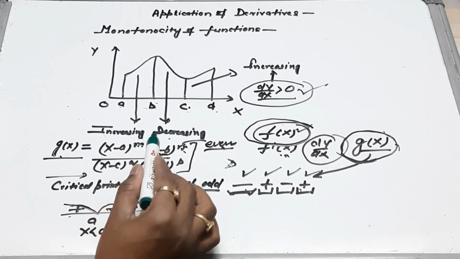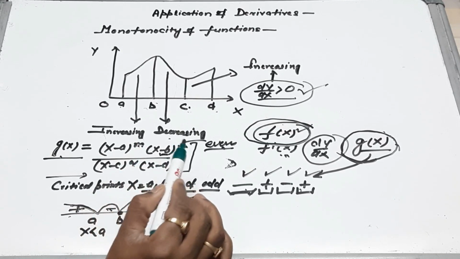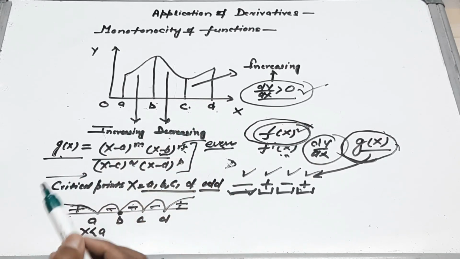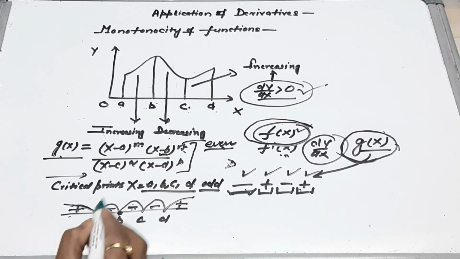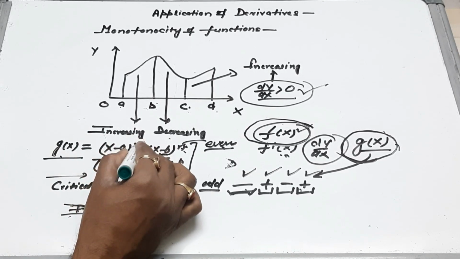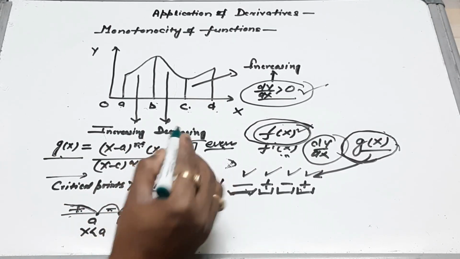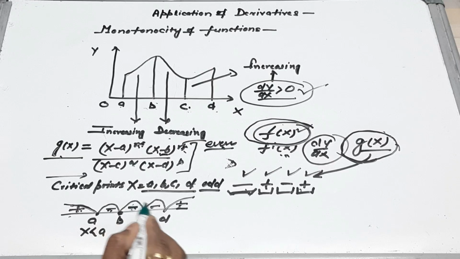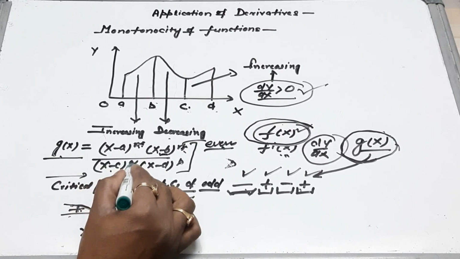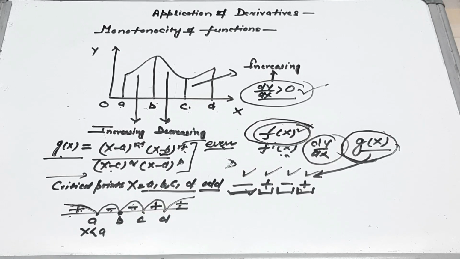Means in this case m, n, q, p. Suppose m, q, p are odd and n is even. So what will it do? Point a, the critical point with power m, is odd, so here it will change the sign. Then point b is even, it will not change the sign. Then comes c. At point c, q is odd, it will change the sign, means it will become positive.